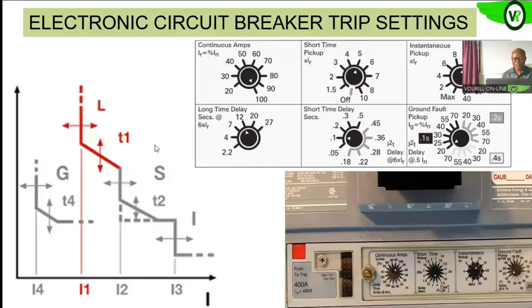So the continuous amp rating, which will eventually be the nominal current rating of the breaker at that selection, you are shifting to the left or to the right. Are we getting it? It means that operating within this area, the circuit breaker will work continuously without tripping.